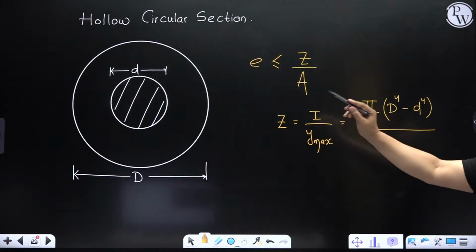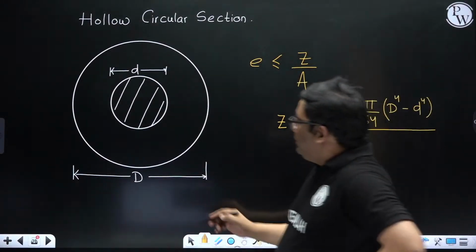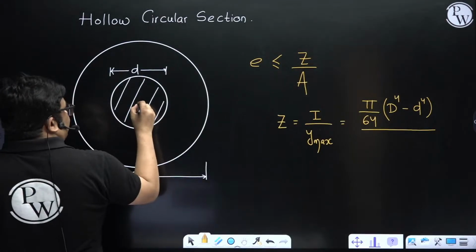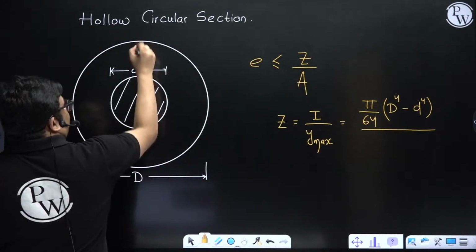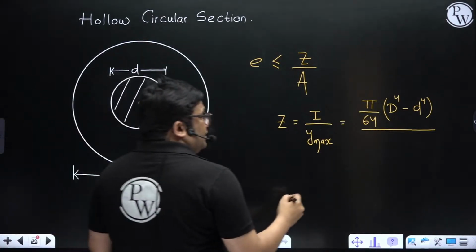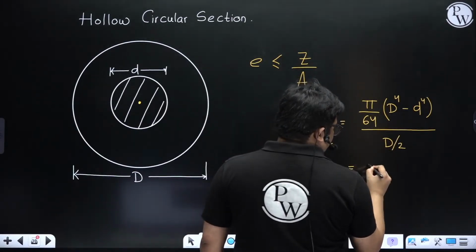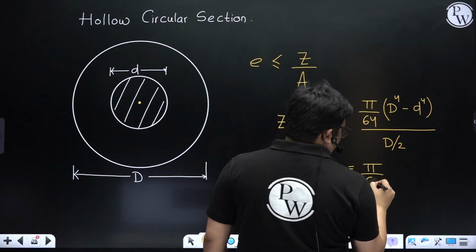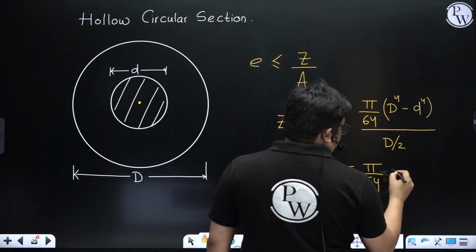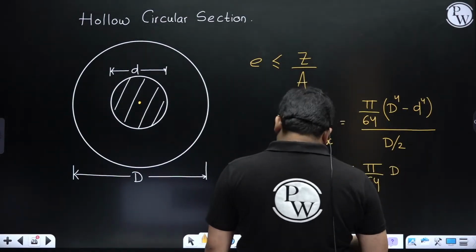Y max is D by 2 only, from the center the maximum will be capital D by 2. So this gives me pi by 64, then I can say pi by 32 actually.